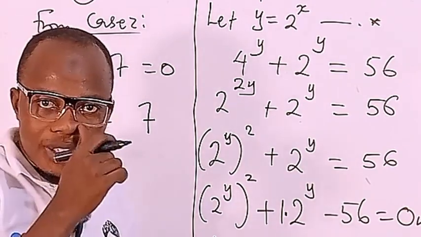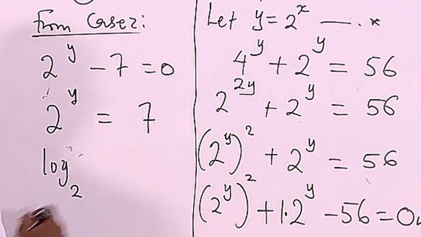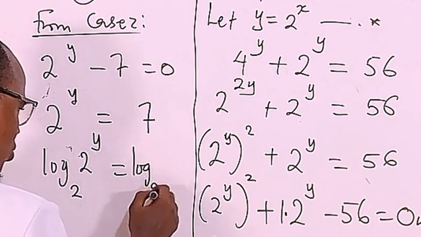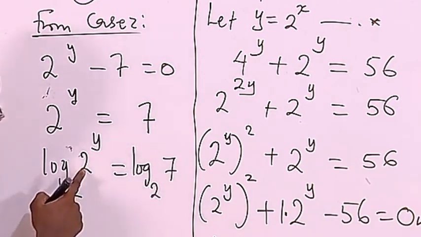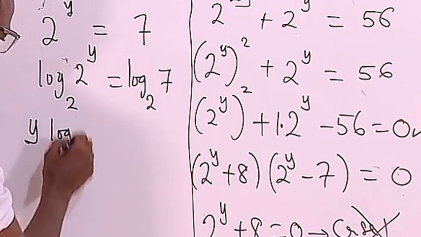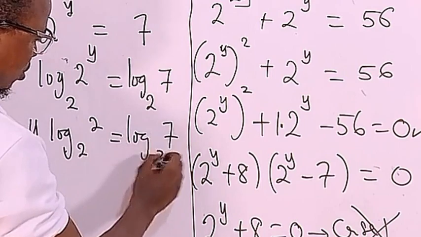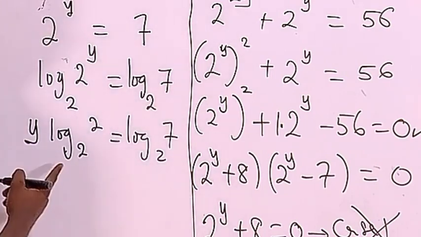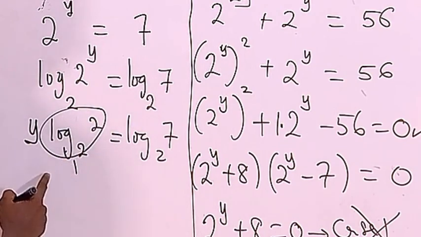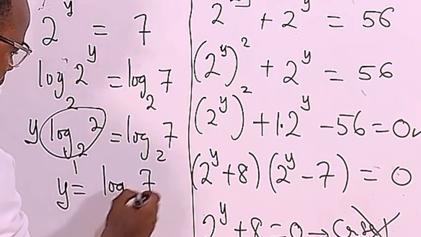How are you going to do that? We take log base 2 of both sides: log base 2 of 2 to the power of y equals log base 2 of 7. The power y comes down, and log base 2 of 2 turns to 1. So we have y equals log 7 base 2.